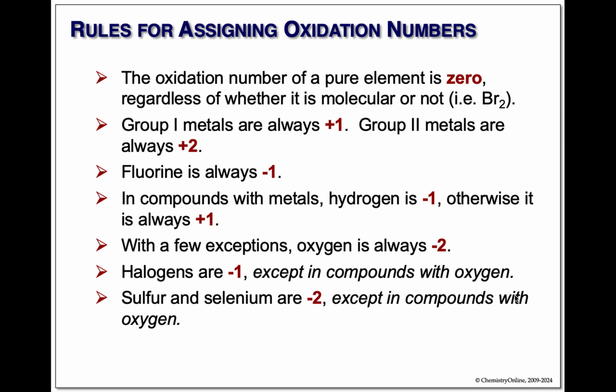In that, the hydrogen will be -1. Otherwise, it's +1. If it's bonded to a non-metal, it's +1. A metal, it's -1. Oxygen will be -2. Halogens will be -1. So for selenium, they want to be just like oxygen, and they're -2.